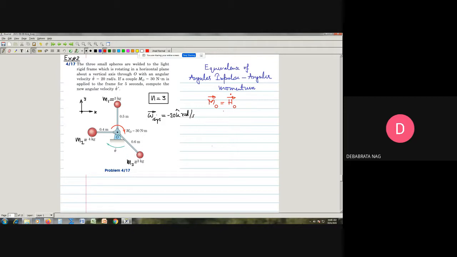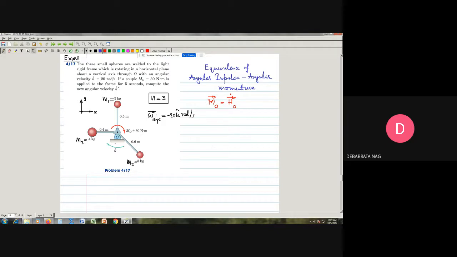And another thing to be noted is that with respect to a fixed point, it does not matter whether I write the relative or absolute angular momentum. So I do not use any subscript specifying whether the momentums are absolute or relative, although in this case, they both will be same.